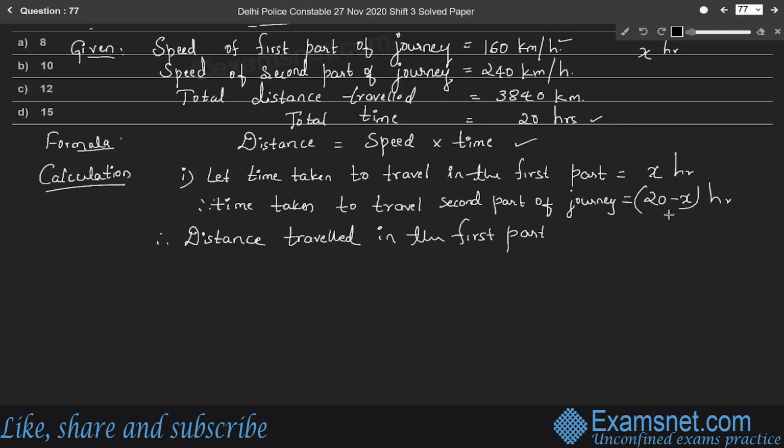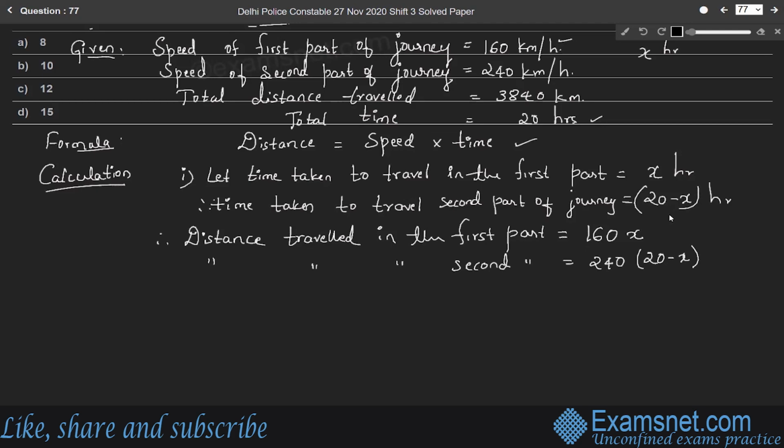So in the first part, speed was 160 kilometer per hour, time is x. So distance traveled in the first part is 160 into x. Whereas the distance traveled in the second part is, speed in the second part was 240 kilometer per hour and the time was 20 minus x, speed into time.